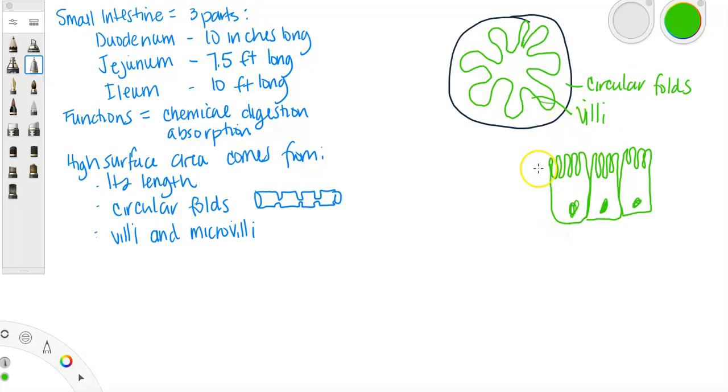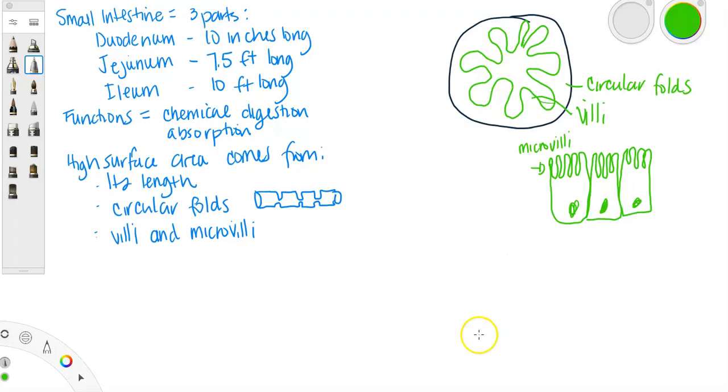Okay, so this is microvilli. They're like little fingers. It's not hair, it's not cilia. It's extensions of the actual plasma membrane so that it gives it more surface area.